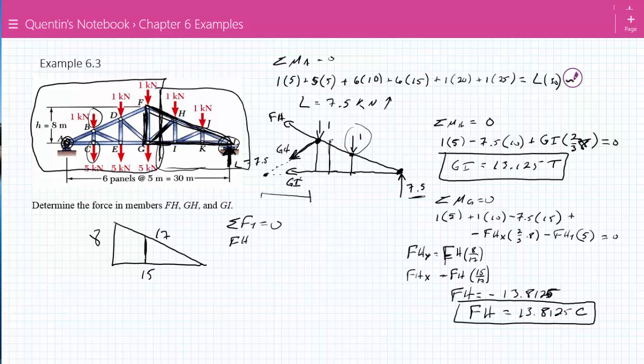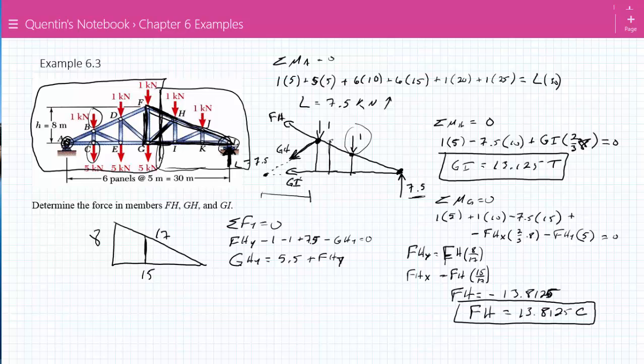We have FH in Y. We'll put in those numbers in a little bit. Minus 1 plus 7.5, right? And then I drew GH down this way, so it needs to be minus GH in Y is equal to 0. Okay, so I can put the GH on the other side, so GH in Y is equal to 7.5 minus 1, which is 5.5, plus FH in Y. Now here's where you have to be a little bit careful.